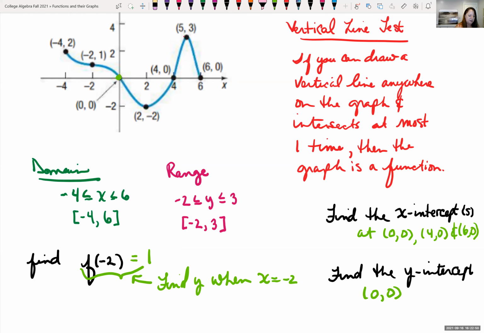You should be able to find all x values that give you a certain y value. How that would be written is, if it said, find x such that, let's say f of x is equal to 1.